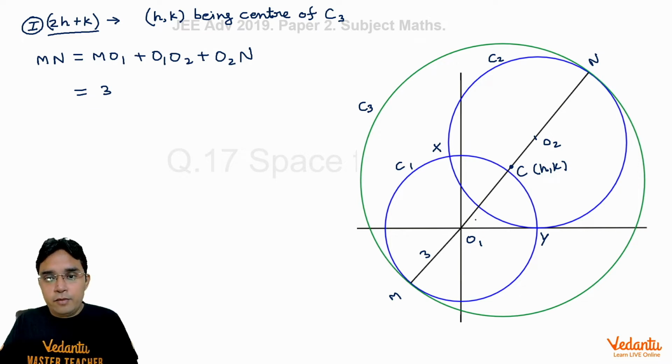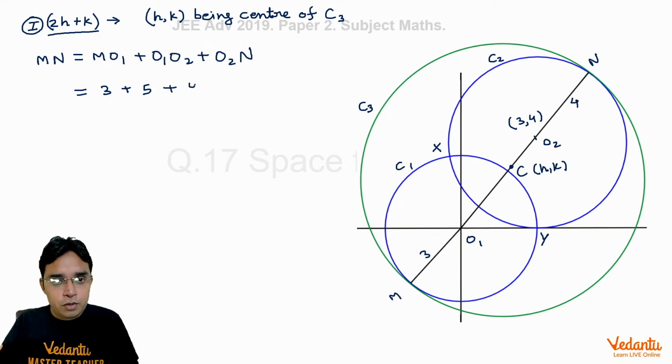O1O2 can be found by the distance formula. My O1 is at the origin and O2 is at (3, 4), so using the distance formula we get this to be 5. And then O2N, which is the radius of circle C2, is 4. So this comes out to be 12. Now MN is 12.